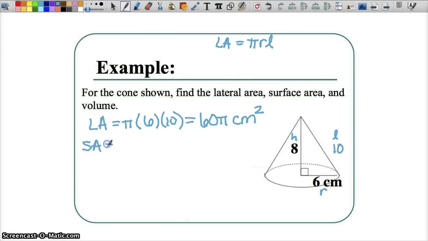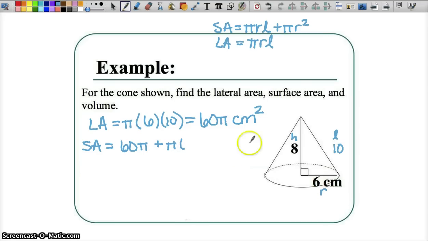Now for the surface area, our surface area formula is to take our lateral area, which is pi r L, and add to that the area of the base, which is pi r squared. So we already have the lateral area here, which is 60 pi. And now we need to add to that pi times the radius squared.